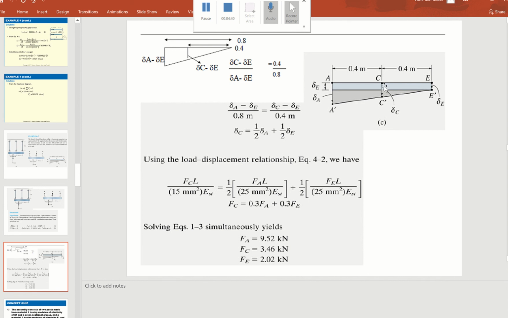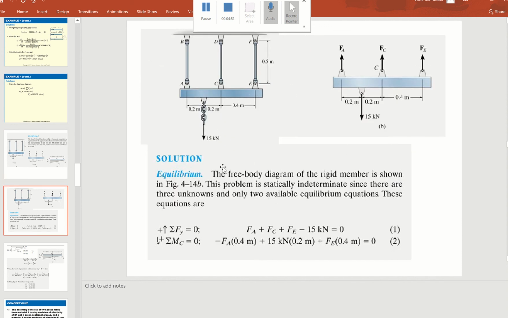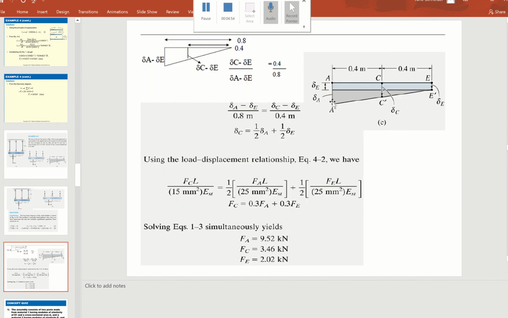We also have CC prime, the deformation in the middle bar, which is the CD bar. And the next one, A prime, is the deformation in the AB bar. Okay, now let's look at this shape and come up with our equation.